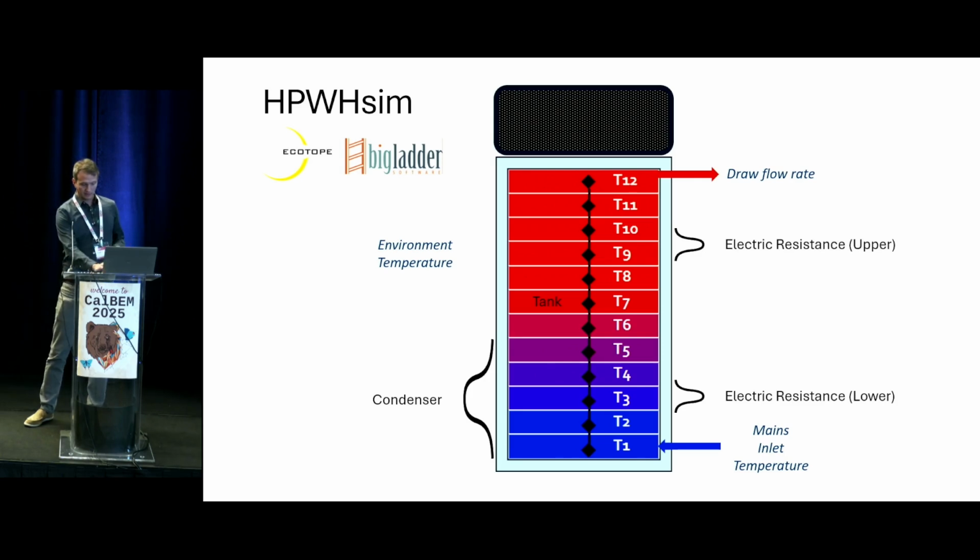Once the equipment is characterized, the simulation is driven by the temperature of the environment, which is where the tank is losing heat to and where the evaporator is drawing heat from, the inlet mains temperature, and what the draws are. Those are all variables determined by the whole building simulation tool.